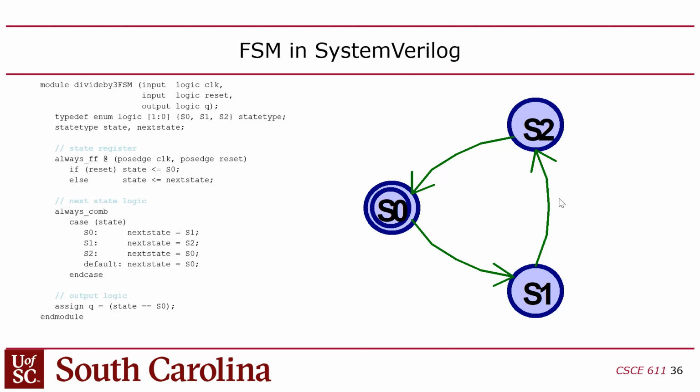And then the next state logic is also very simple because all the transitions are unconditional. So we don't look at the inputs. In fact, there are no inputs here. And then the output logic is basically just saying assign Q equals state equals 0. So Q is just a 1-bit output that is asserted in S0. So it's basically 1, 0, 0, 1, 0, 0, 1, 0, 0 as it flips through.